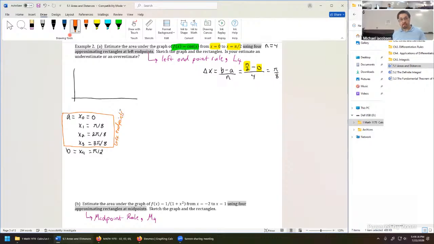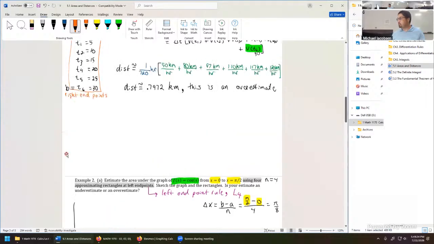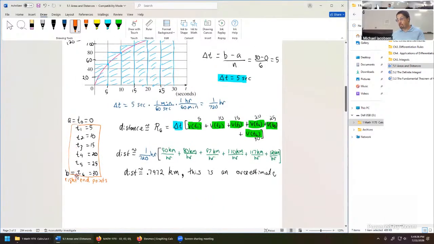And just to compare with the prior problem, when it was right endpoints, we didn't use the a value, we used the rightmost value b. So right endpoints look like this. We used b, which was t6. We didn't use the far left endpoint at all, because t1 was to the right of the interval from 0 to 5, and those points determine the height of all the rectangles.